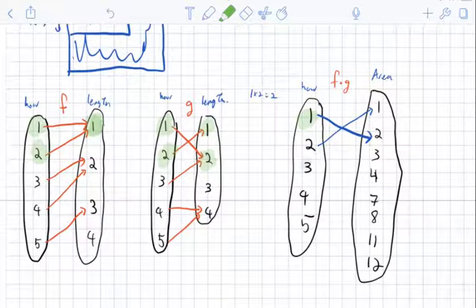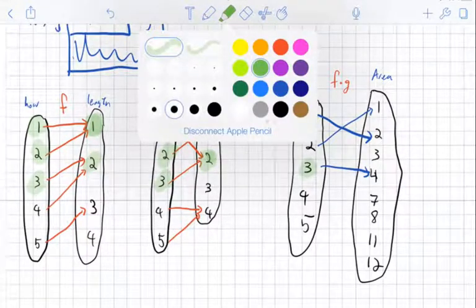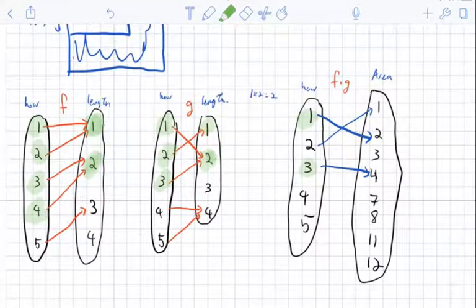Hour 3, length is 2, and this length is 2. So now the area is 4. Hour 4. This length is 2, and this length is 4. So the overall area is 8. In hour 5, this length is 3, this length is 4, so the overall area is 12.